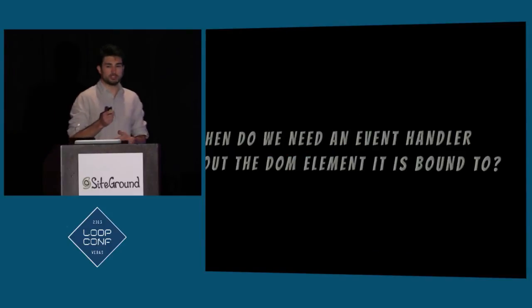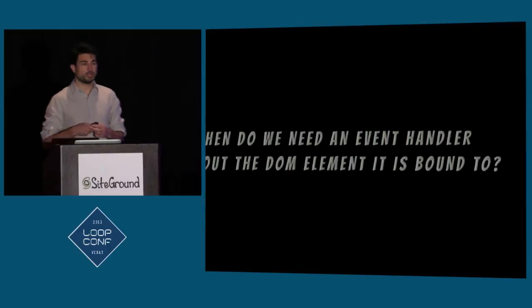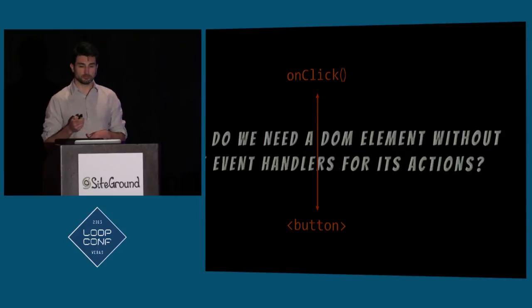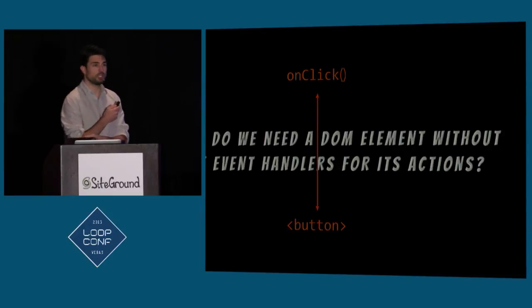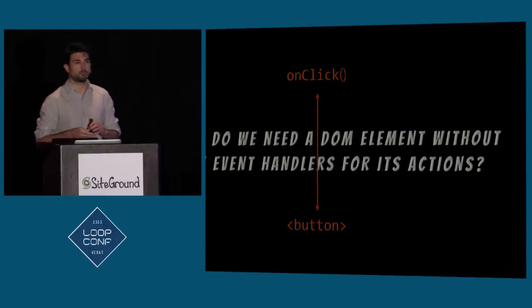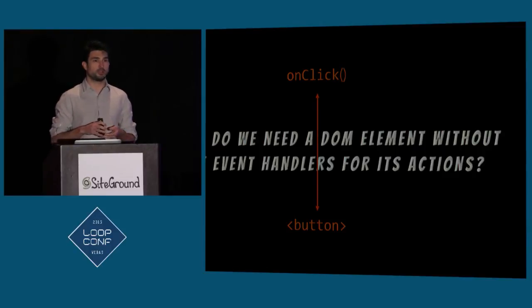How often have you needed an event handler without the very specific DOM elements it is bound to? How often do you need the onClick without the button? Also, how often do you need just a plain DOM element without the JavaScript that makes it alive, especially in a more complex JavaScript application?